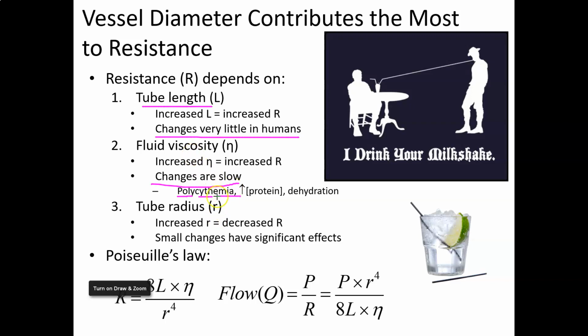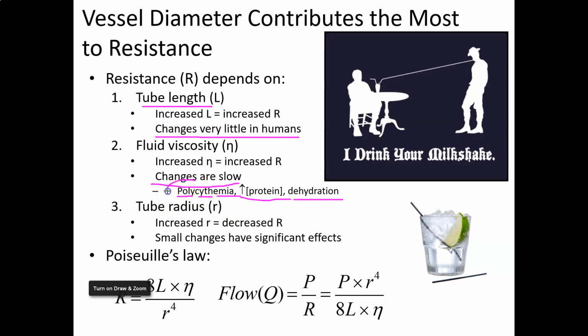If that happened, then to compensate, you would have to increase the pressure because the resistance goes up, so the flow would stay the same. But that happens. You can see the same thing with the albumins in your protein, or you could go the other way and effectively increase those things by having less plasma, through dehydration.